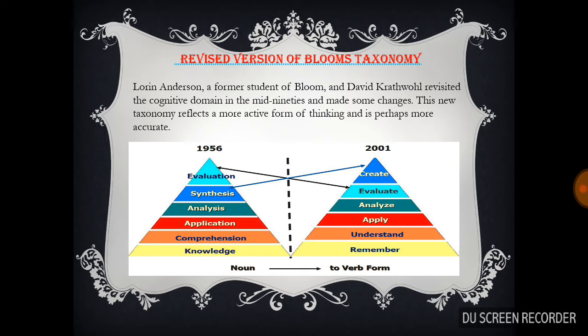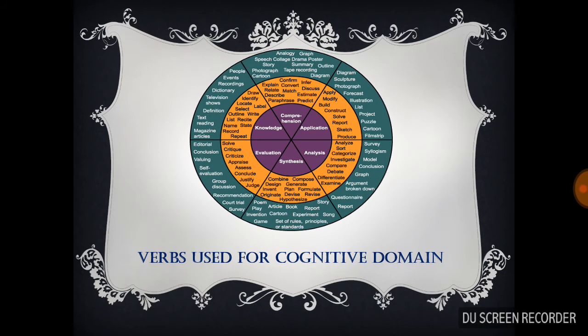According to the 2001 model, the levels are remember, understand, apply, analyze, evaluate, and create. They converted knowledge and comprehension into simpler verbs, that is remember and understand. So the 1956 model was converted from nouns to verb form. These are some verbs which are used while making the objectives of the cognitive domain.